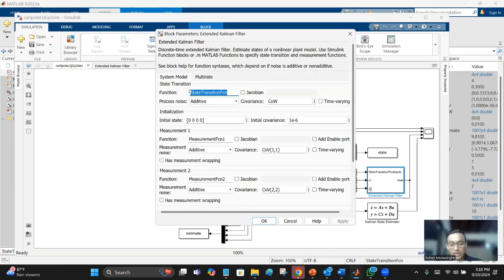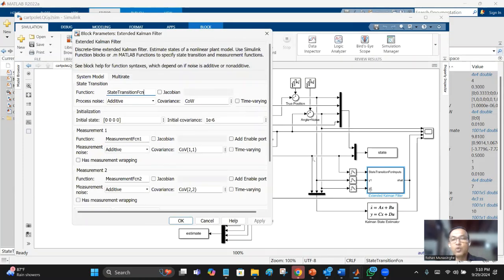When the Simulink runs, it looks at this particular MATLAB code and takes the present state and the control signal, which is coming over here. It computes the rate of change, and it knows the sampling interval, so it updates the states. That's what happens over here.